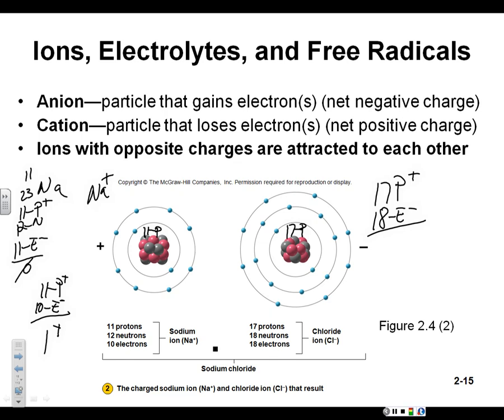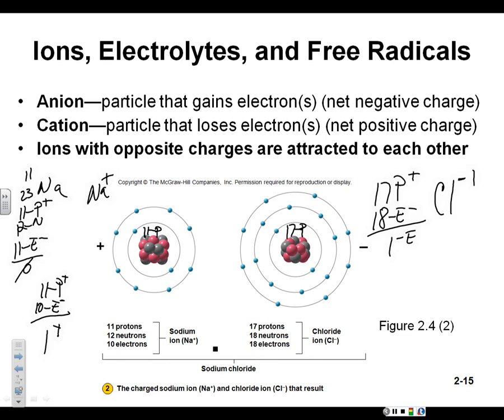A negative 18 from a plus 17 leaves what? So chlorine, is it a cation or anion? Anytime an atom gains a charge or loses a charge, it is now ionized. So now it went from neutral to having a charge, either positive or negative.